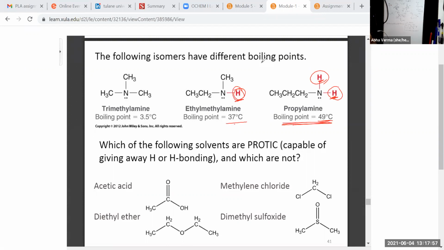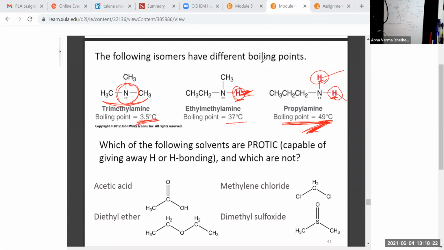More energy will be required to break these hydrogen bonds. Still, energy will be required to break this hydrogen bond, but not as much as is needed for propylamine. Similarly, if you look at trimethylamine, there is no hydrogen bonding occurring here.